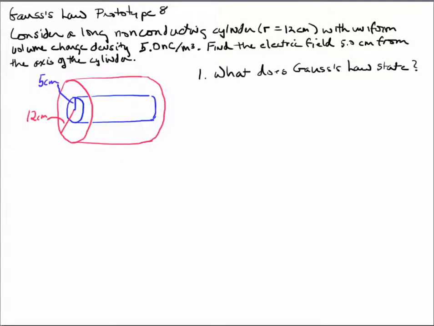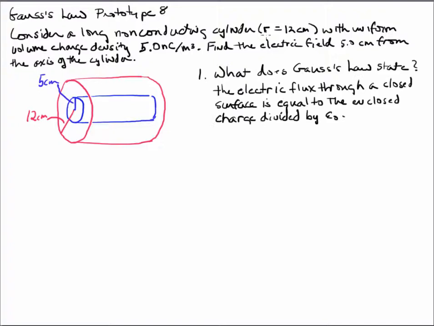Now you should be able in your mind to state Gauss's law. What is it? Well, it's simply that the electric flux through a closed surface is equal to the enclosed charge divided by epsilon naught.